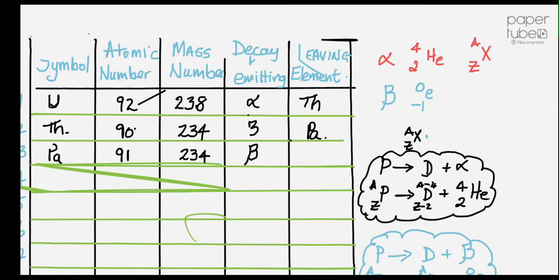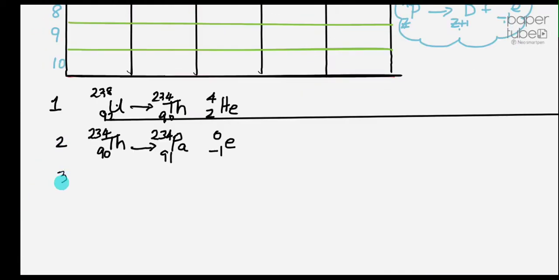So let's go down and do the question. Question number 3. I have protactinium 91, 234, and it's going to go to something plus a beta particle. So that has to be 92, because 92 and minus 1 gives me 91. And that has to be 234.